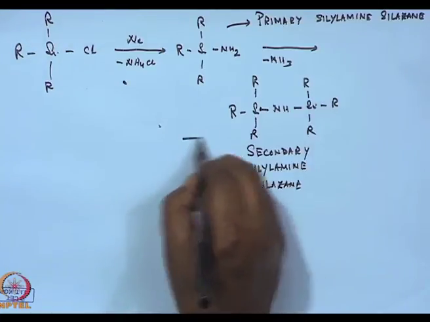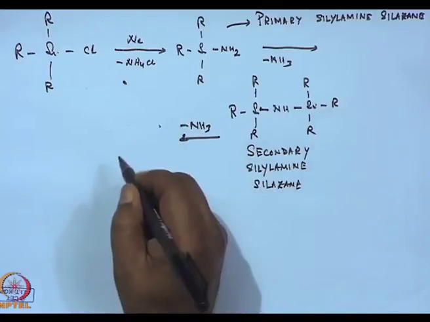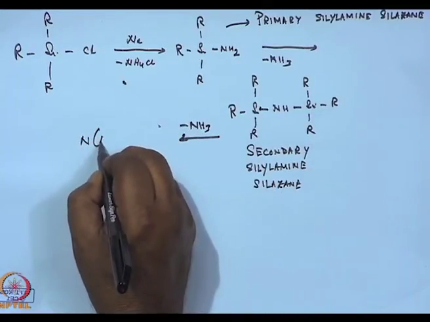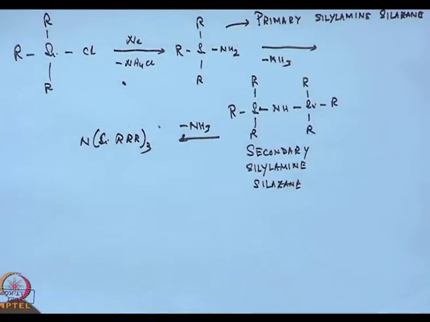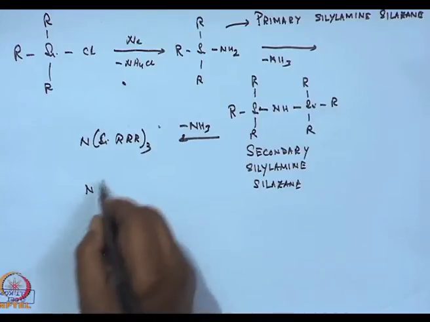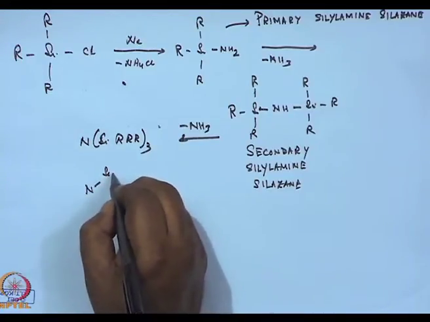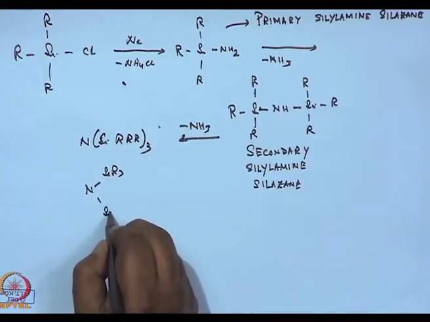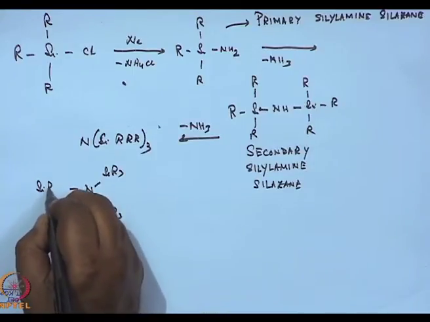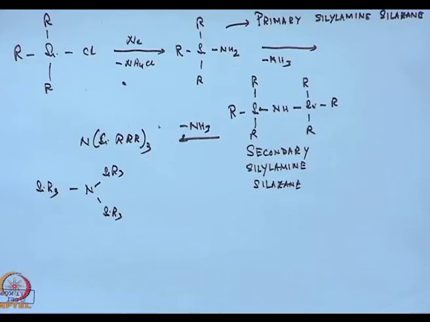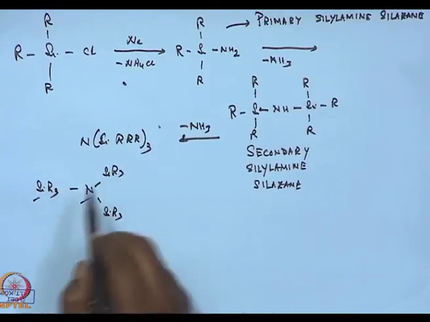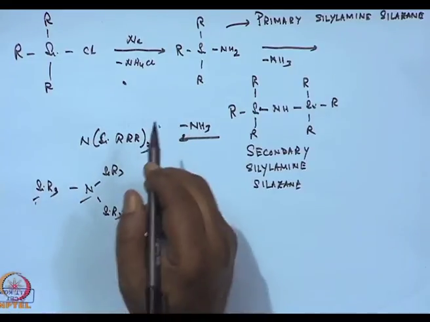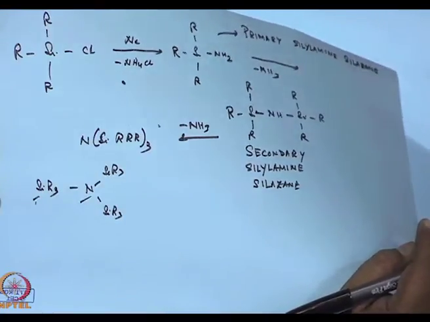And further, if I take the ammonia out from here again, what I am going to have basically is, and I have landed up with silicon, nitrogen, silicon, carbon, silicon, nitrogen, carbon bonds. Another way is to do this.